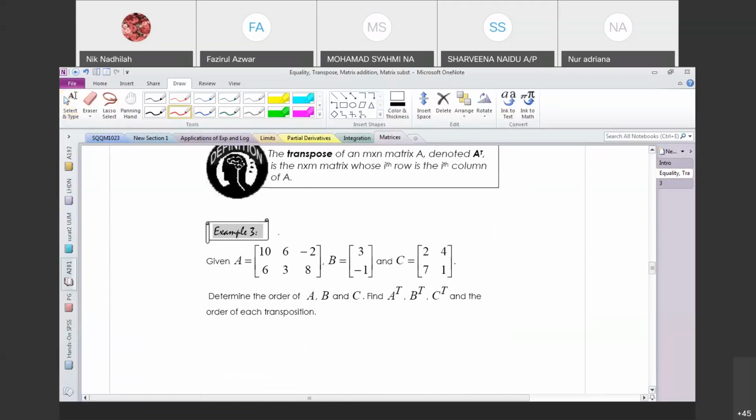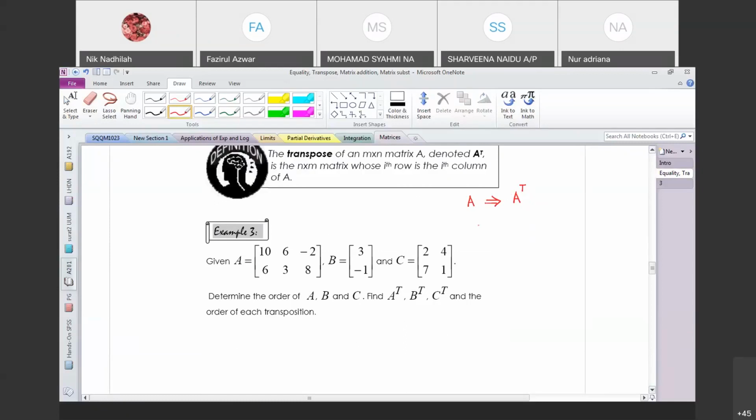This is your regular matrix A, and we are trying to convert this into its transpose, so we denote it by A transpose. We write a small t at the top.